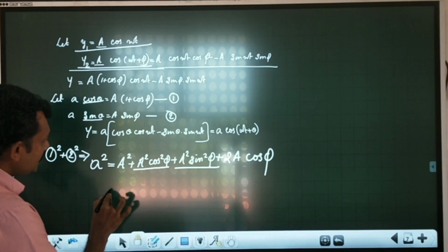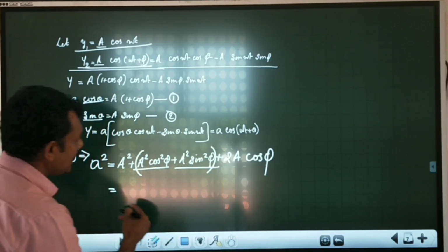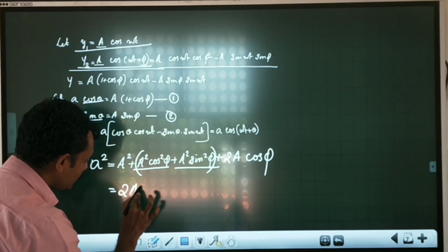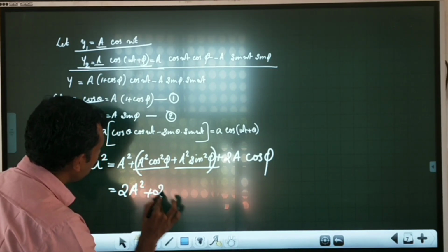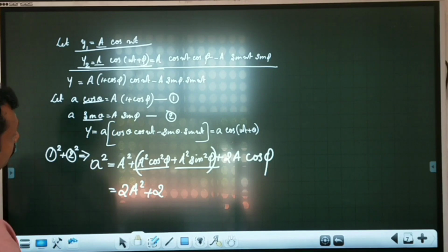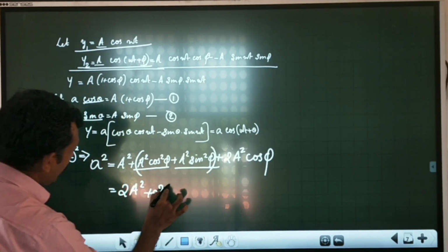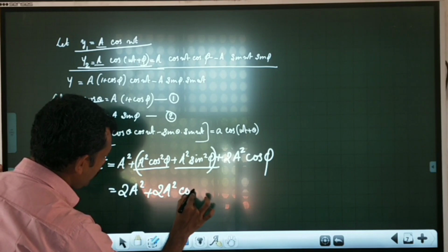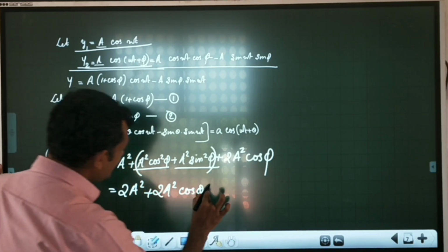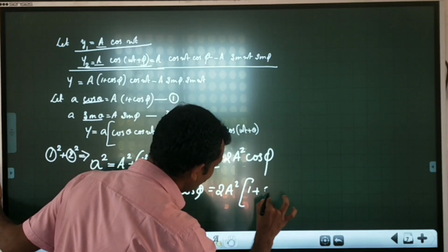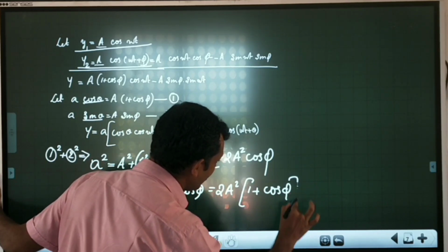This is A square plus A square plus 2A square cos phi, that is 2A square into 1 plus cos phi.